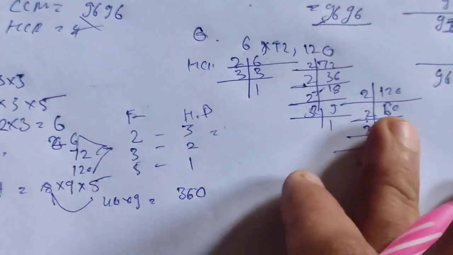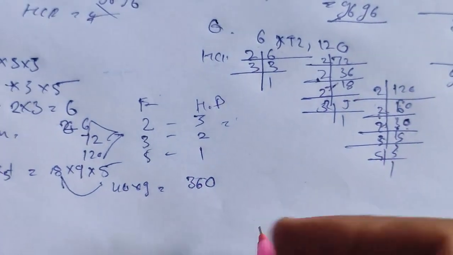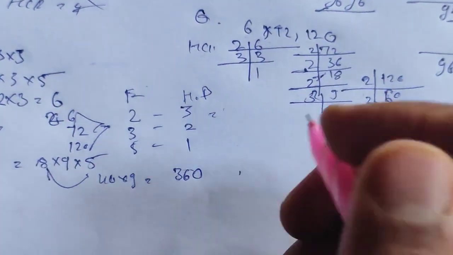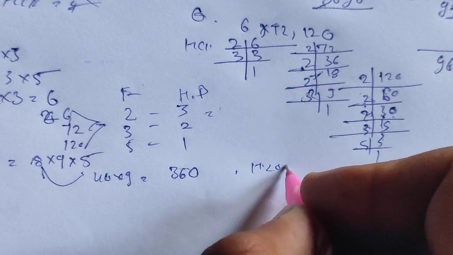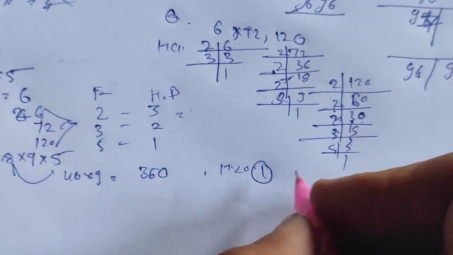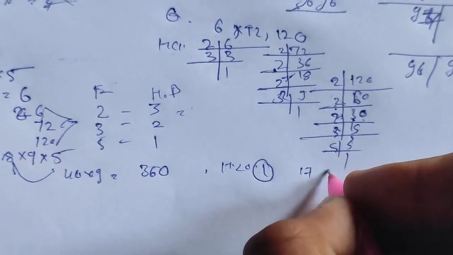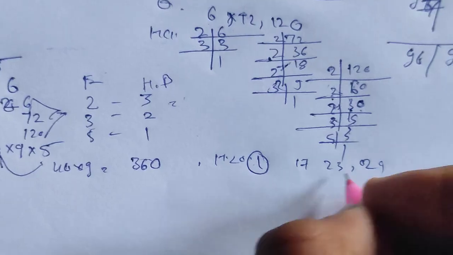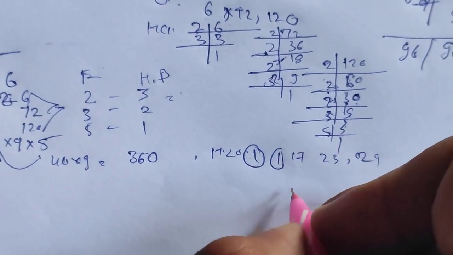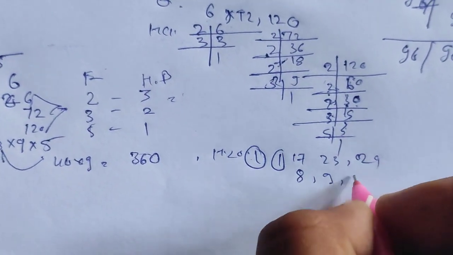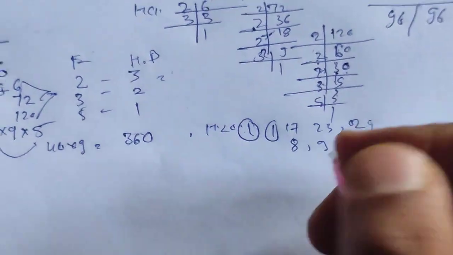I'm leaving some questions for you as homework. First, solve for 17, 23 and 29. Second, solve for 8, 9 and 25.